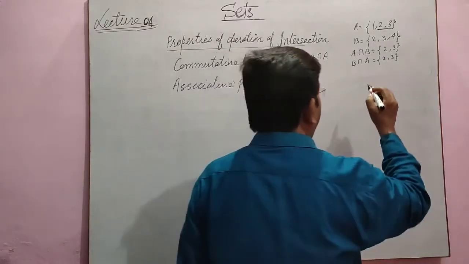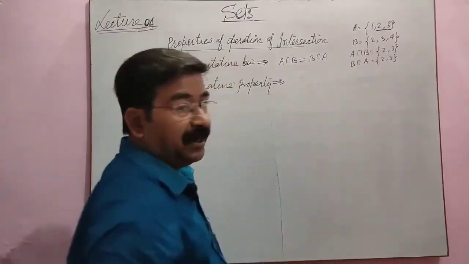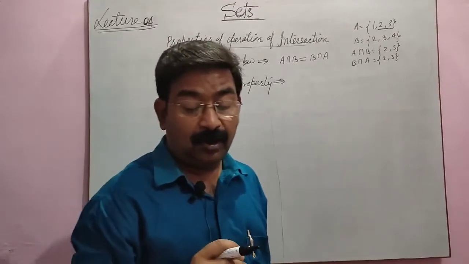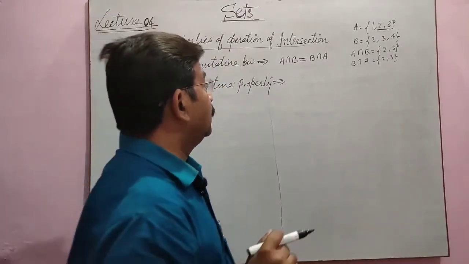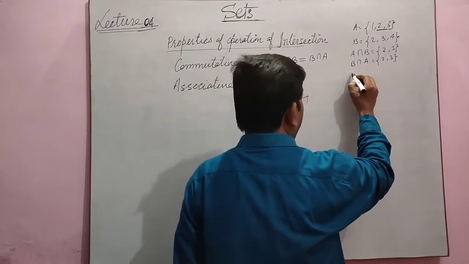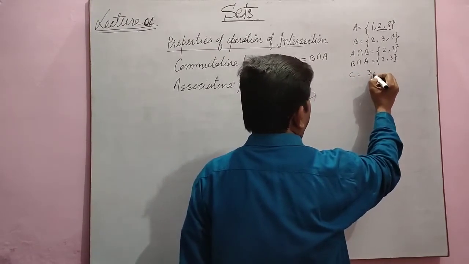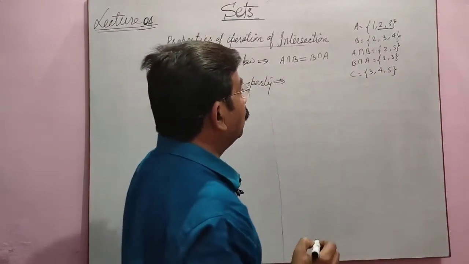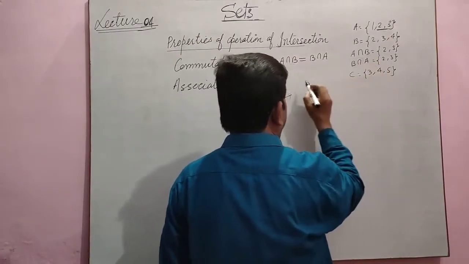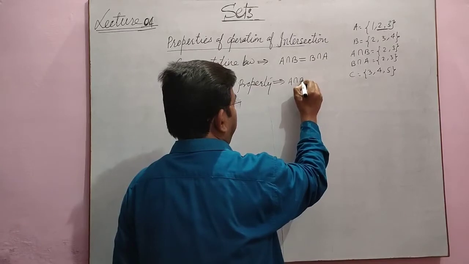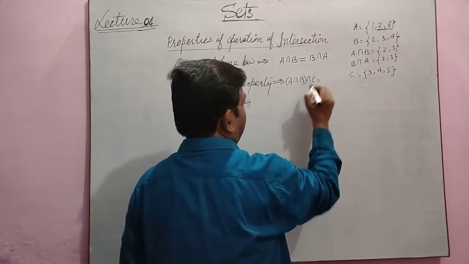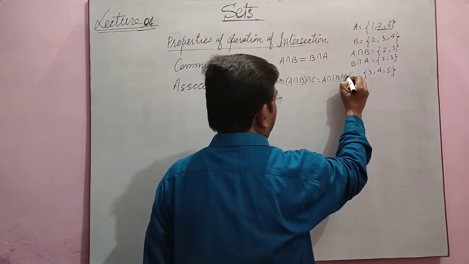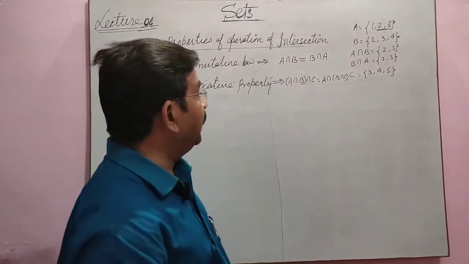Now let's see, if we have three sets A, B and C, whether the associative law holds good or not. Suppose we have a set C {3, 4, 5}. Let's check whether (A intersection B) intersection C equals A intersection (B intersection C).